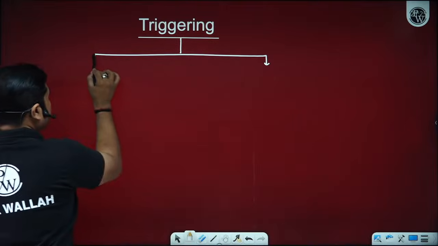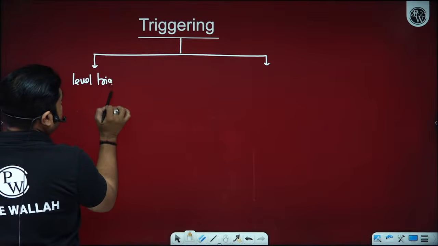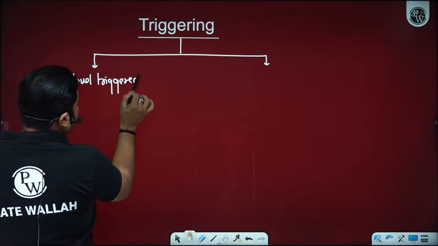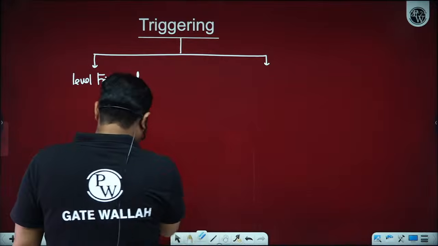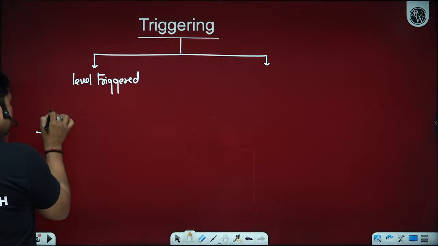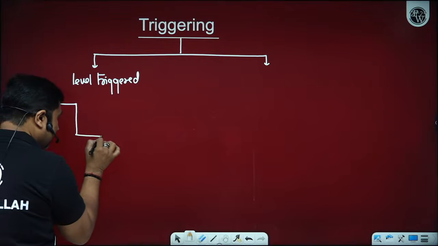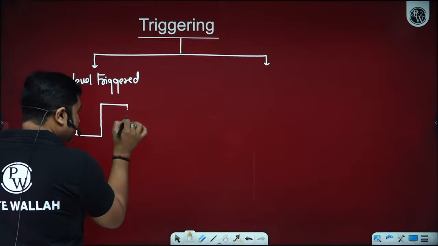First one is level triggering. What is level triggered? Level triggered means when the level of the clock is high. Clock can be represented by high or low. Is it okay?